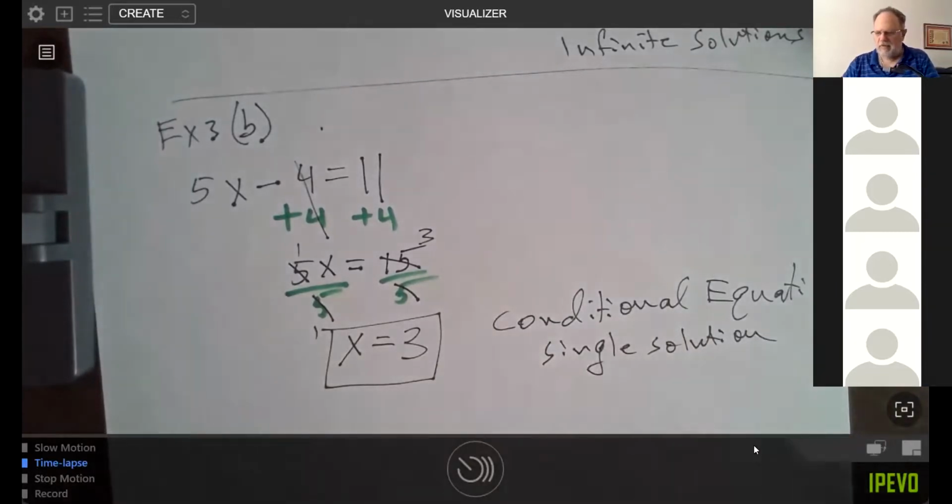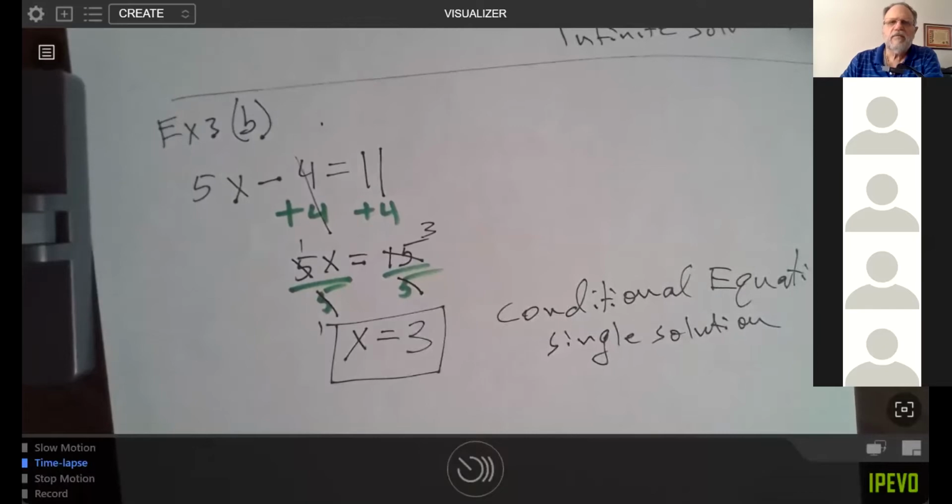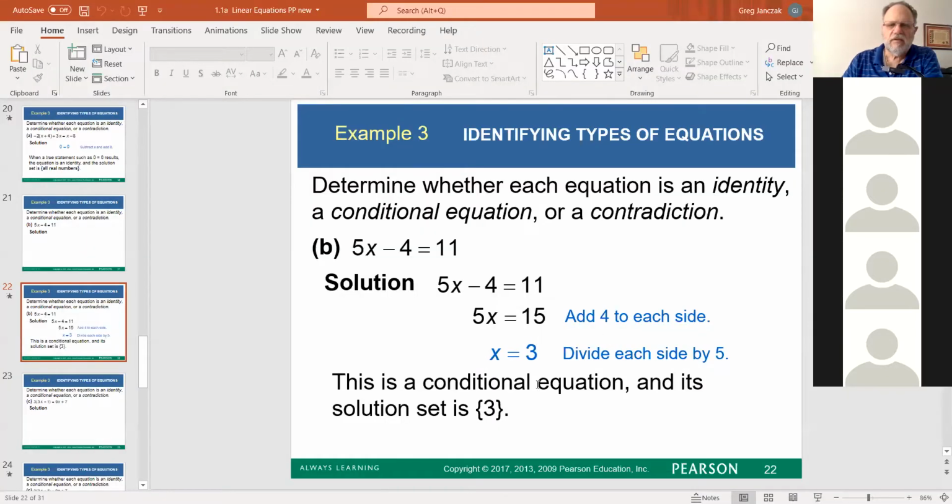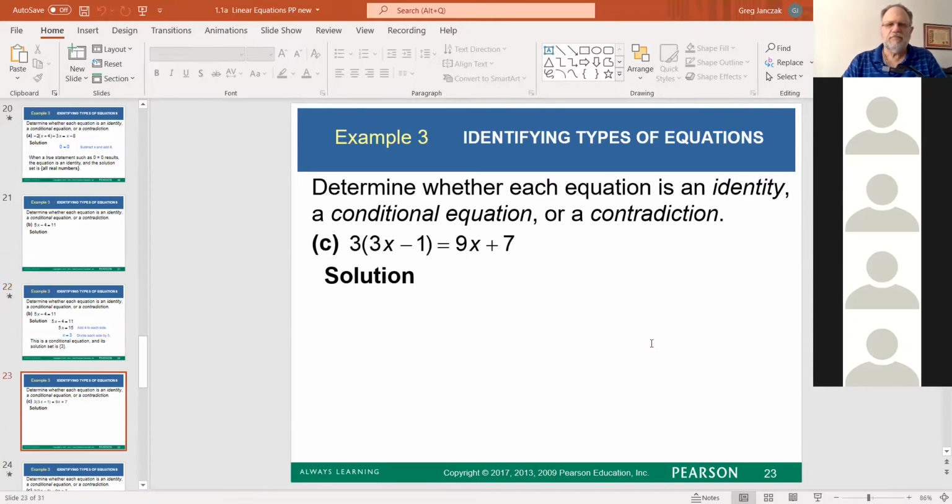Okay, questions with that? Very good. So we've got a conditional equation. Solution set is 3.